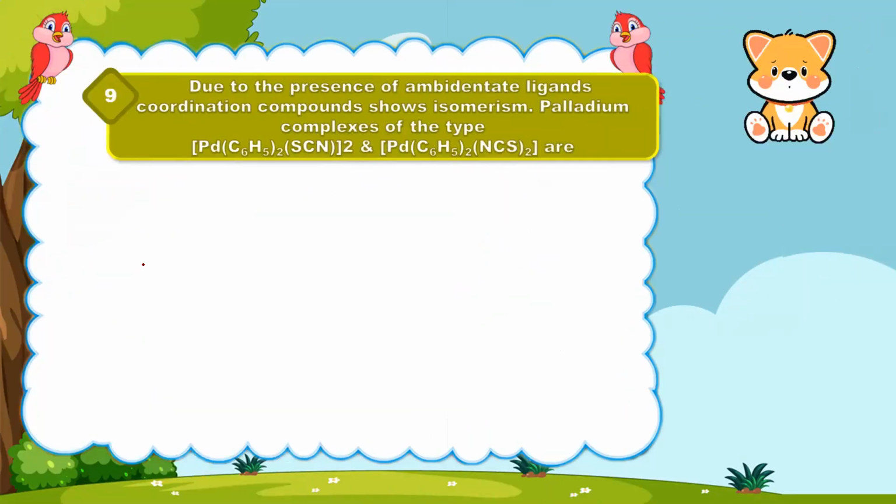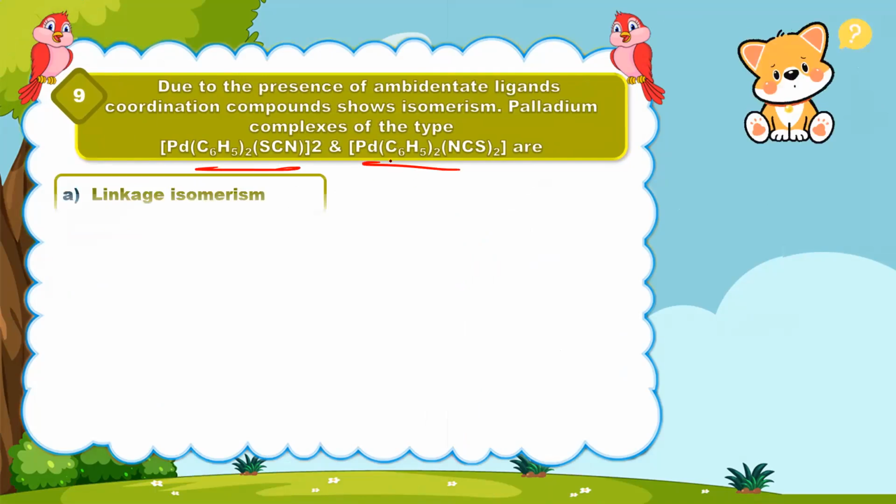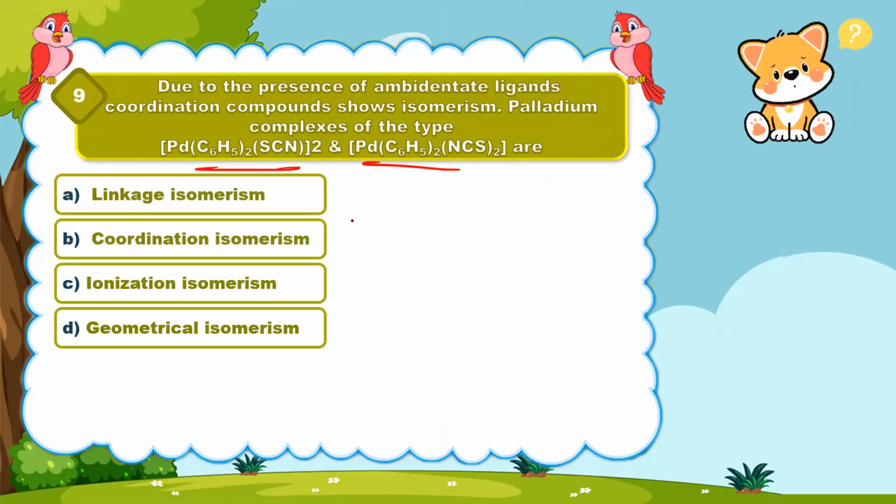Now see the next question. They have given us 2 complexes, and they're asking what type of isomerism it is. If you observe here, in this case sulfur is a donor, and in this case nitrogen is a donor. With the thiocyanate ion, sulfur can donate, and with NCS, nitrogen can donate. In the same ligand, if two donors are present, we call those ligands ambidentate ligands.